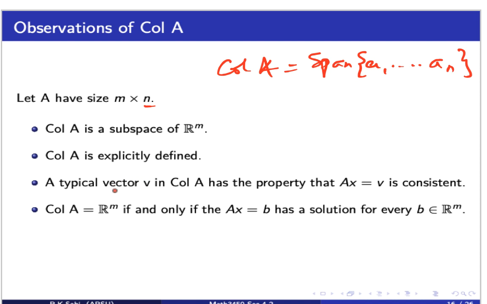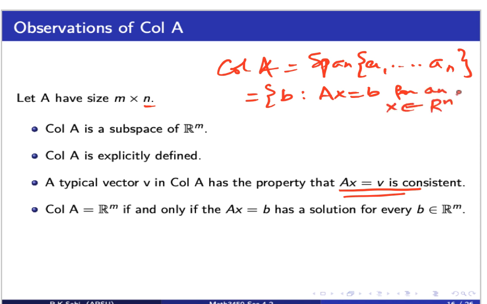Now, a very important property is that a typical vector V in the column space of A will have the property that AX equals V is consistent. This comes from the definition. We say it is a collection of all those B's such that AX equals B for an X in Rn, so all possible linear combinations, where X is an element of Rn and A is an m by n matrix.